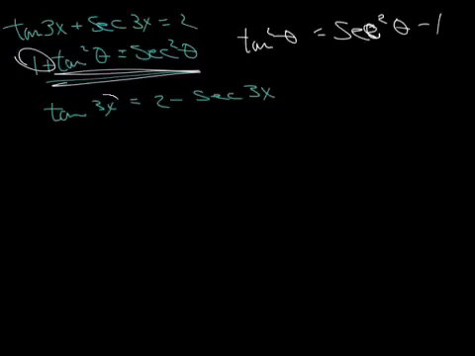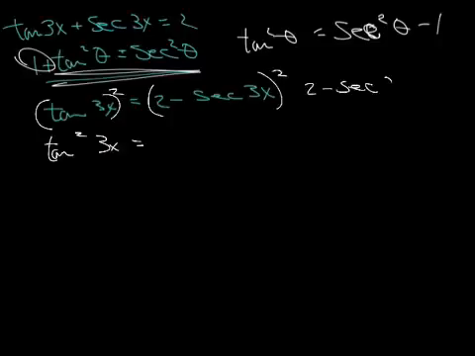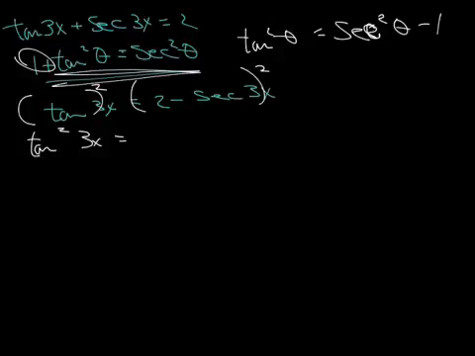So if I squared both sides, then I have tangent squared theta, or in this case 3x, and then I'm going to use the FOIL method. In fact, let's do this.